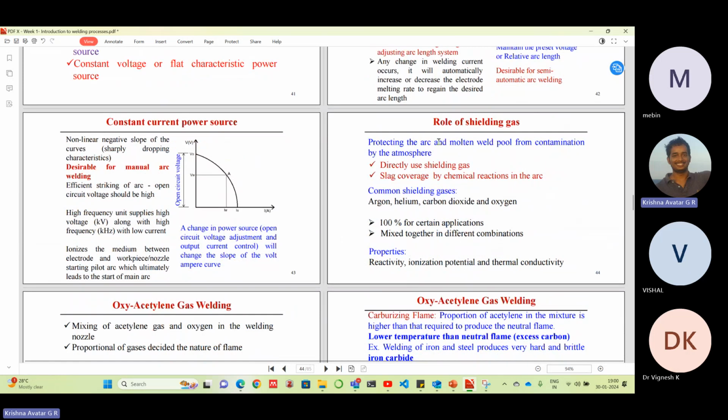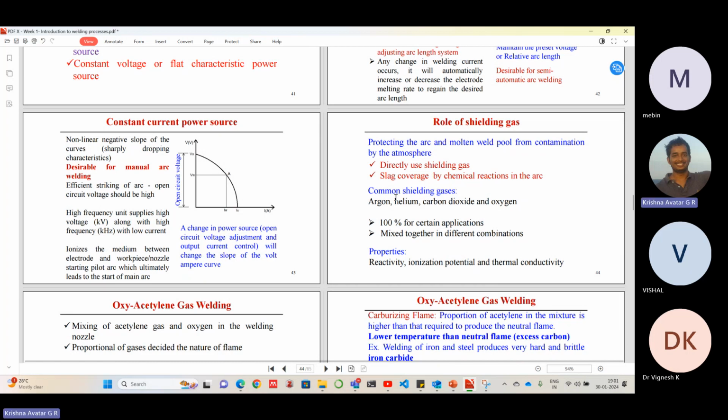We come to the role of shielding gas. Shielding gas helps to protect the arc and molten weld pool from contamination by the atmosphere. Otherwise, due to contamination, it will reduce the quality of the weld, which could further lead to corrosion, and the weld won't be as strong and is very likely to fail.